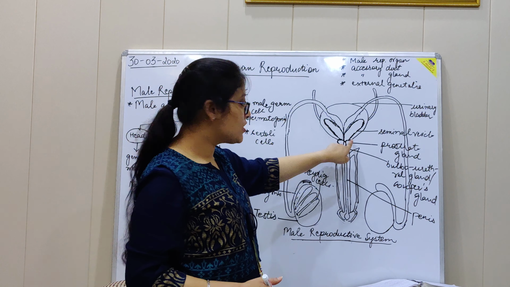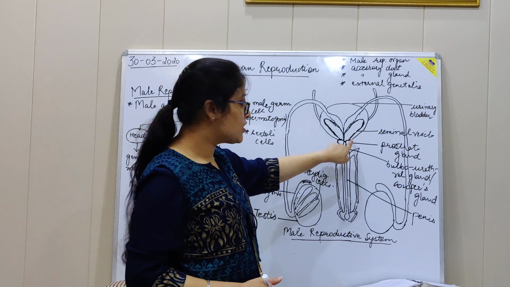Every time a question comes, that is, why does the male reproductive organ lie outside the abdominal cavity? I forgot to tell you in the beginning about it, about scrotum. Scrotum is a pouch-like structure in which the male reproductive organ lies. Why does it lie in the scrotum, outside the abdominal cavity?